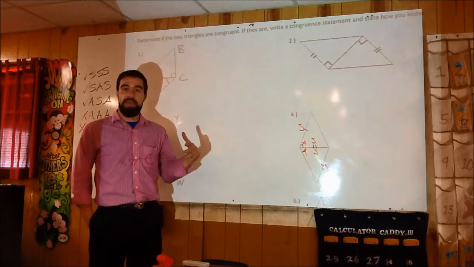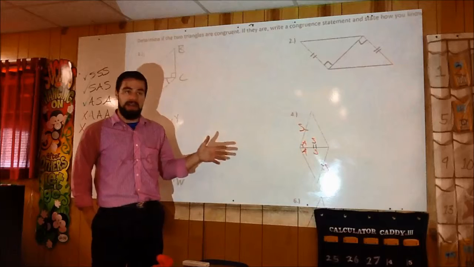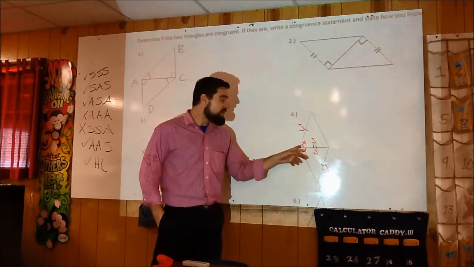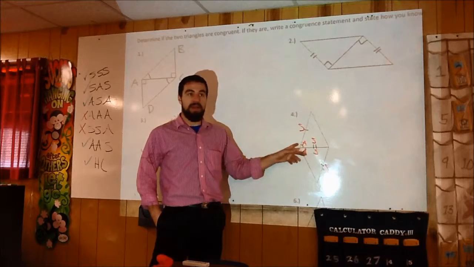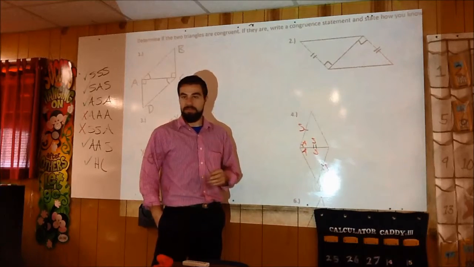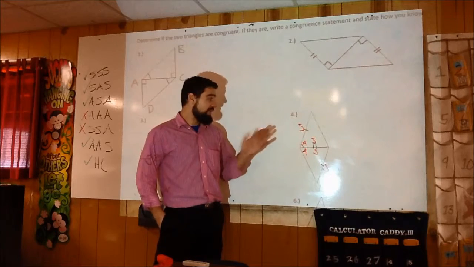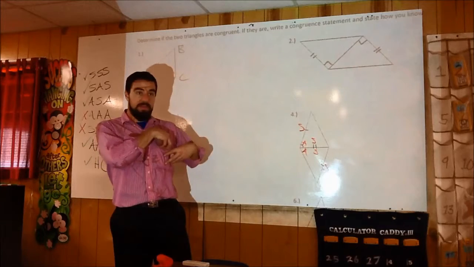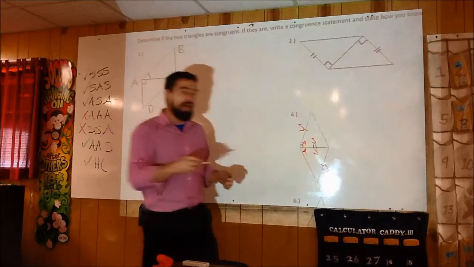But the issue is, these are not corresponding parts. We have the included angle on one triangle, and on the other triangle we have a non-included angle. So this simply is not enough information. These are not corresponding parts.